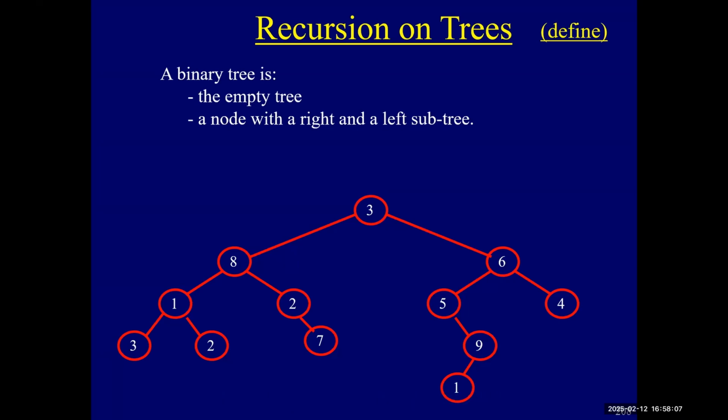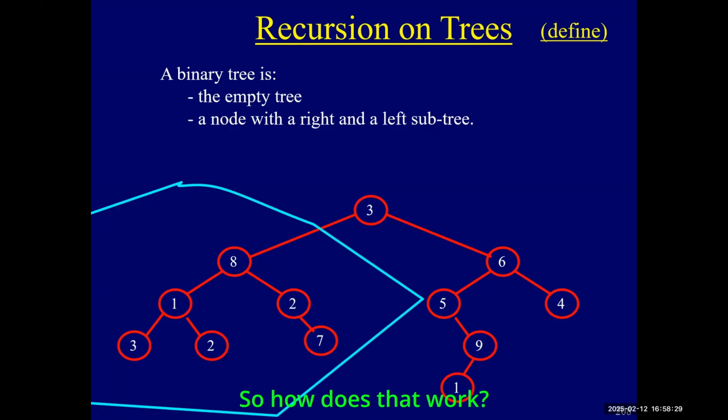It's a tree, right? So a binary tree is either the empty tree or it's a node that has a left child and a right child. It always has a left child, always has a right child. And those children are binary trees, right?